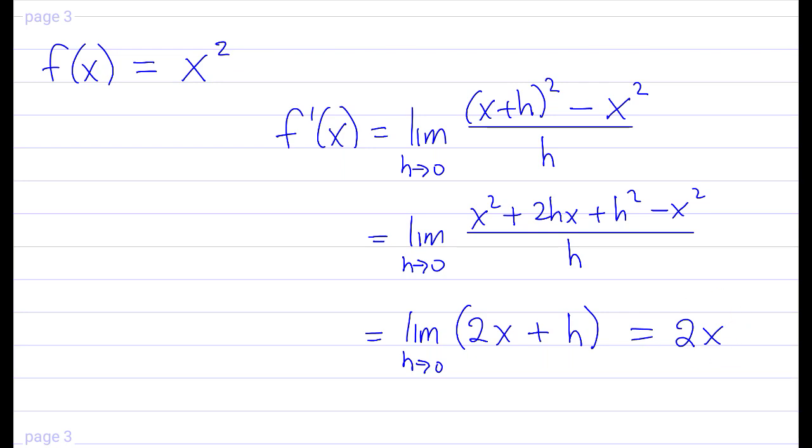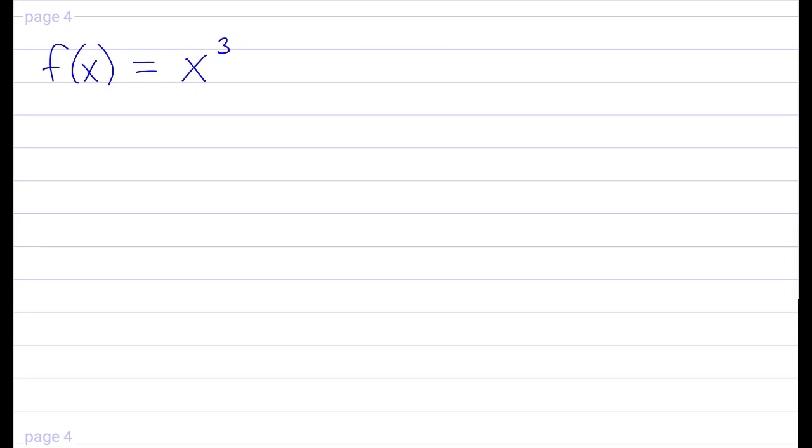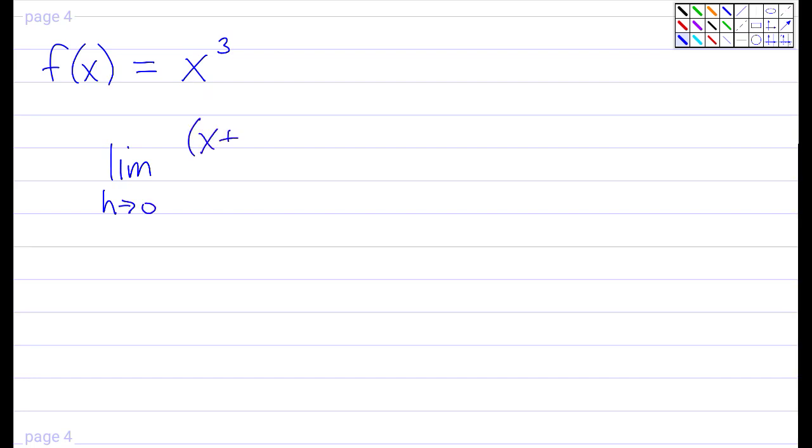Okay, let's do another. F of x equals x cubed. Process is the same. Limit h goes to 0. F of x plus h, well that's x plus h quantity cubed, minus f of x, well that's x cubed, all over h. Okay, that's a little yuckier, but not so much.